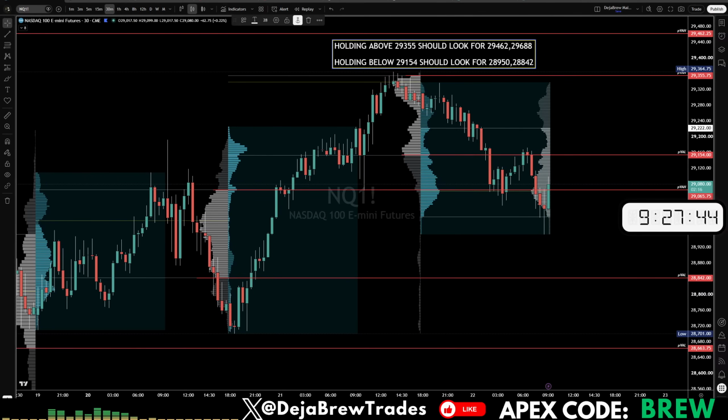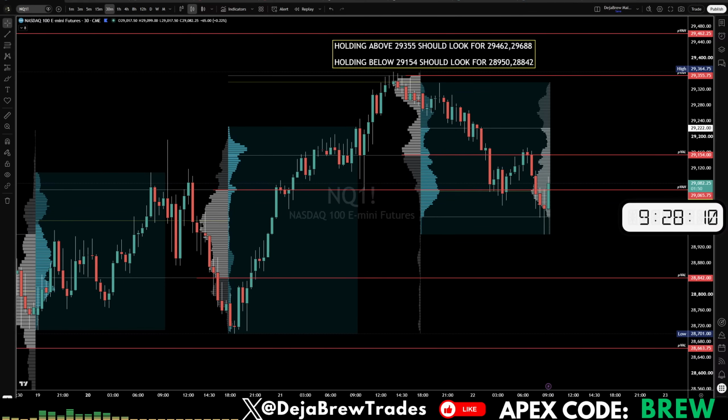Yeah, same exact story. We have to see how it responds to this P-shaped value low. Is it going to respect it? Is it going to keep failing it? A little bit more bearish on NASDAQ, kind of showing a lowercase b on the open here.